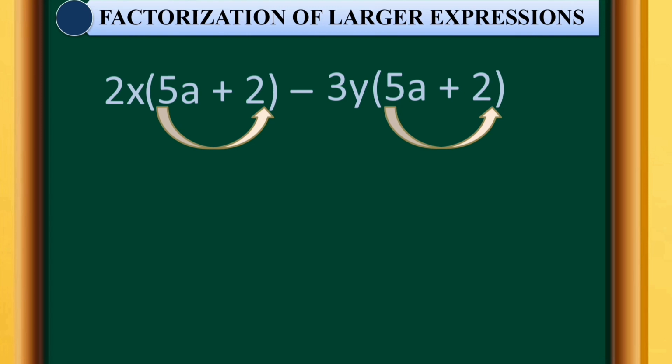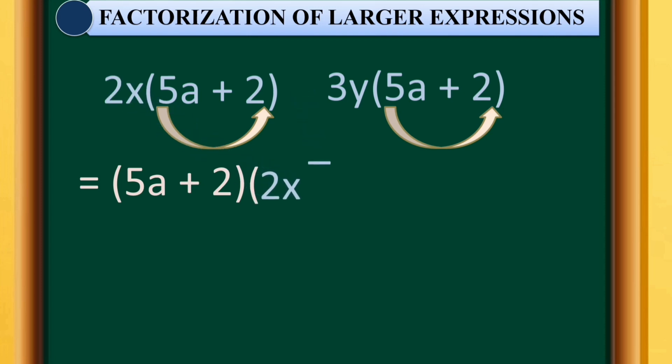When you have this type of case, you pick one of these expressions. So let's write it out. We have 5a plus 2. The next thing is you pick the terms that are outside the brackets of the two terms. So you open brackets, 2x minus 3y. And yes, this is the required answer.